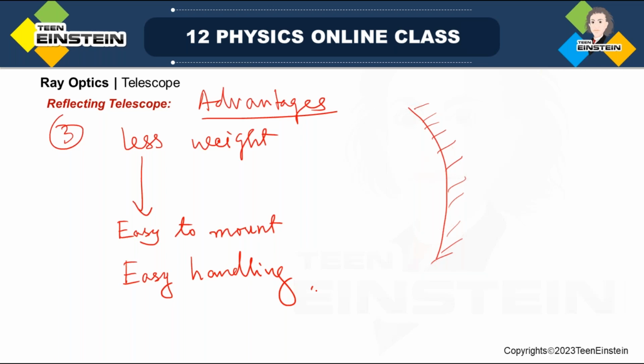Okay, so this is how we cover this chapter, ray optics. So I think we'll just stop here for today. Next day we'll start with a new chapter. That may be electromagnetic waves or something, we'll take in the next class.